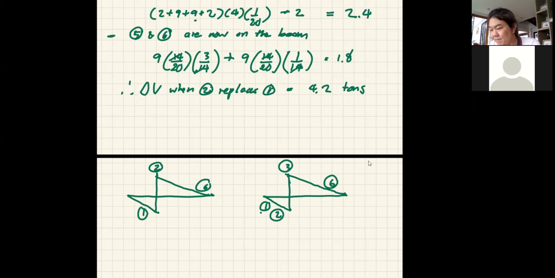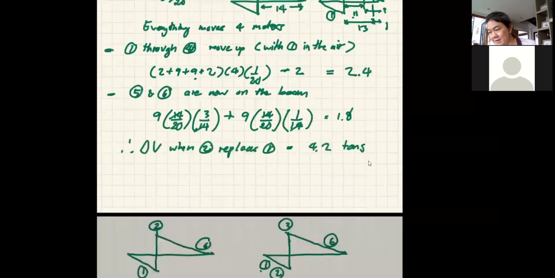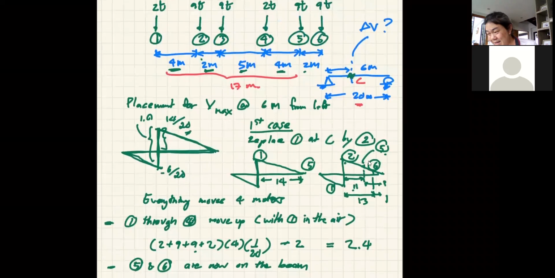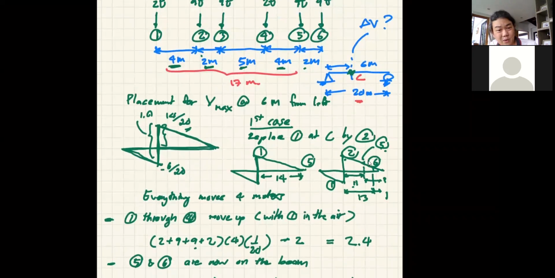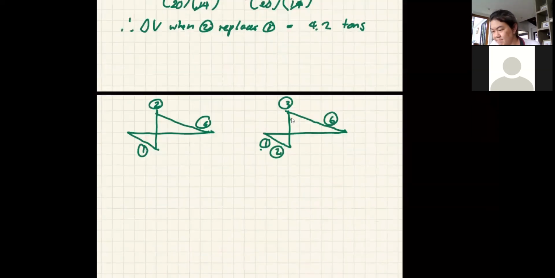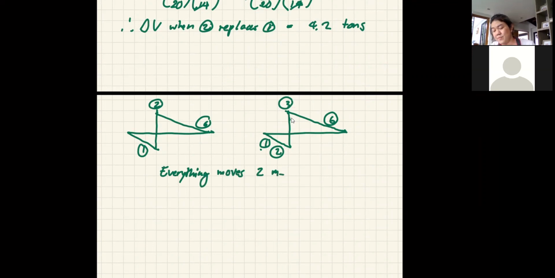So in order for 3 to replace 2 at C, they are 2 meters apart. So the whole thing moves 2 meters, right? Okay. So now before that, this is 6 meters, correct?